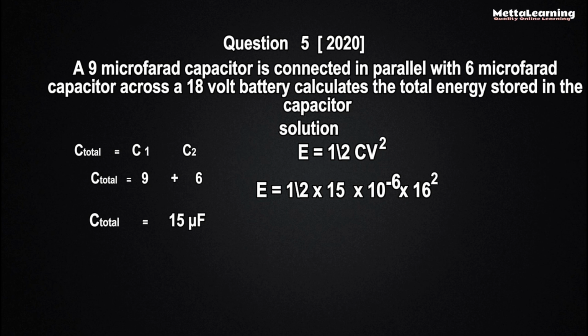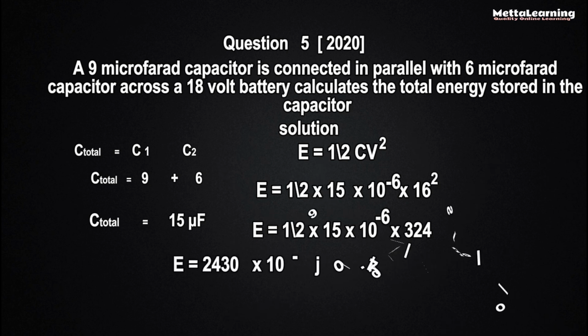So we have half times 15 times 10 to the power minus 6 times 324. When we further divide this, we have 2430 times 10 to the power minus 6 joules, or it can be written as 2.43 millijoules as our final answer.